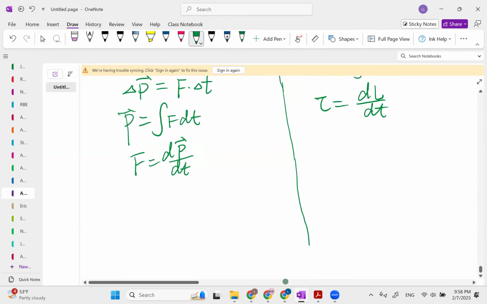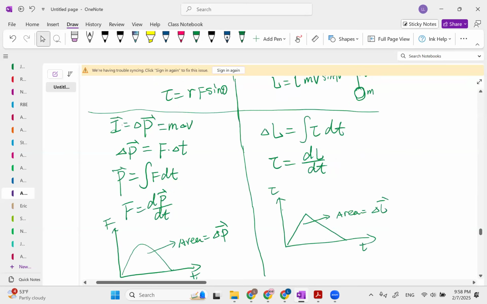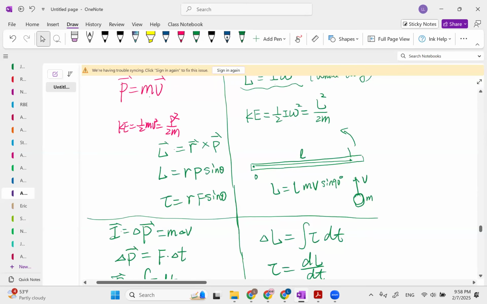And then remember in this case, you will also see the torque versus time. The area, you get change in angular momentum, right? Force versus time, the area, the integration, you get the impulse, change in momentum, right? Make sure you write it down.